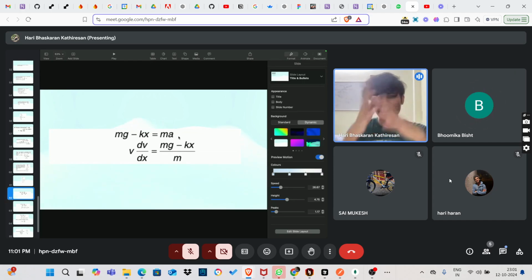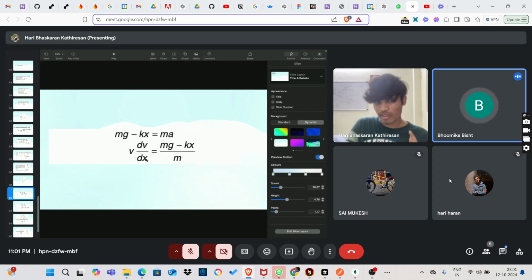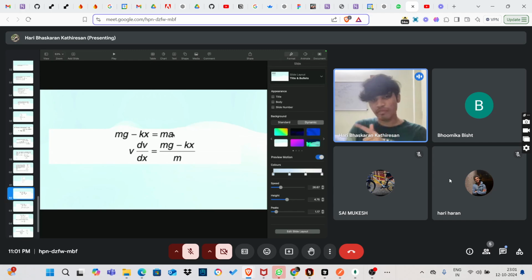We need to eliminate x somehow, right? And we also don't know anything about acceleration. So what they did here is they wrote acceleration as v dv by dx. How did they get this?